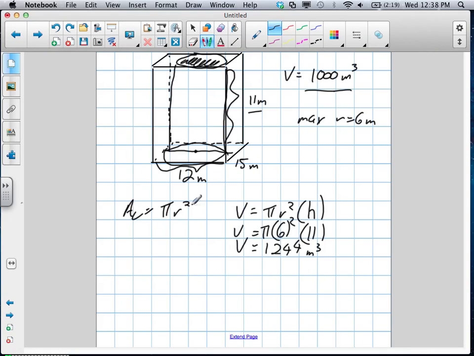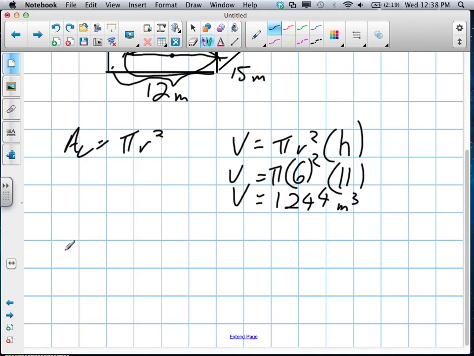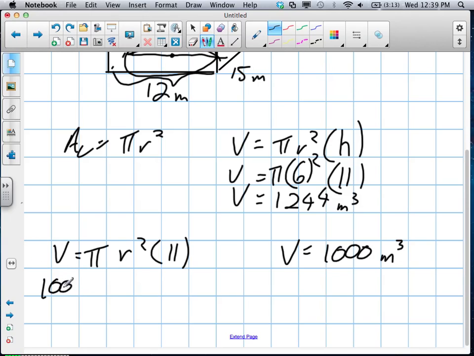Well, in order to do that, we take our volume formula again, and we're going to set the restrictions down to radius. So pi, r, we still don't know. We're going to assume we're using a max height of 11. Okay? And again, our volume needs to reach 1,000 meters cubed. So we're going to replace volume with 1,000 is equal to pi r squared times 11.